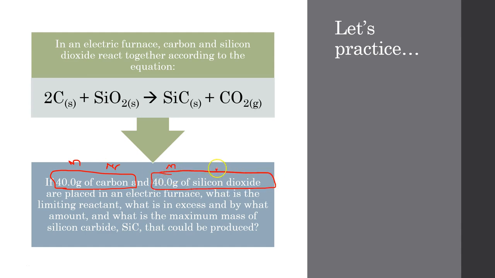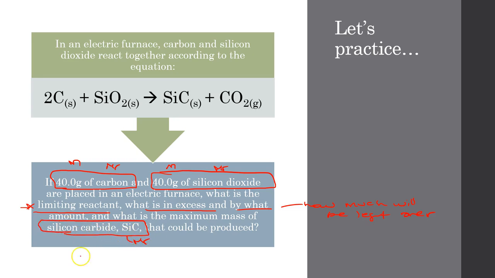Again, we have a mass and a molar mass because we know the formula here. We're asked to find the limiting reactant, which one is in excess and by what amount, so we need to work out how much will be left over. And the mass of silicon carbide that will be produced.